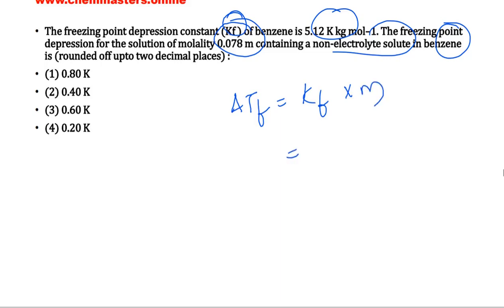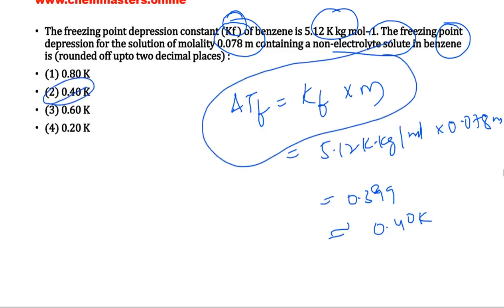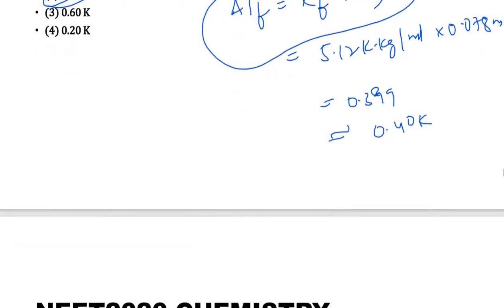The freezing point constant is given as 5.12 kg per mole, and the molality is given as 0.078 m. So from that you will get 0.399, which is approximately equal to 0.40 K. So the second option is the correct answer. You just need to remember this. If you remember that, you will answer it within seconds.